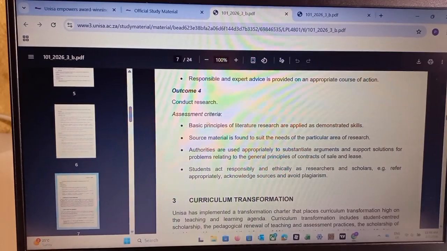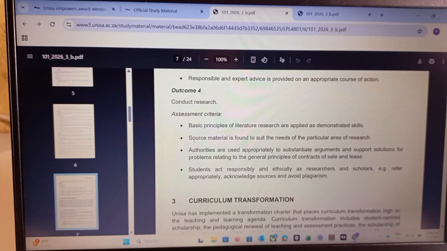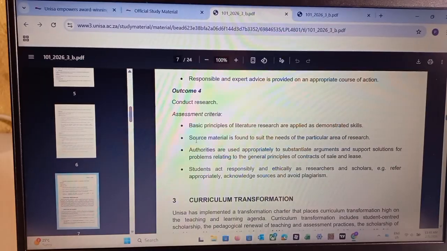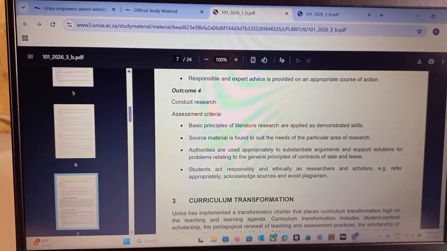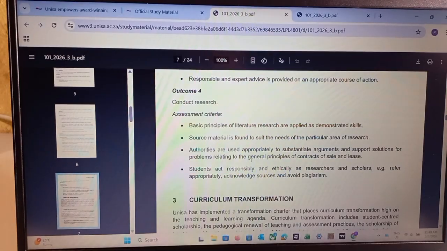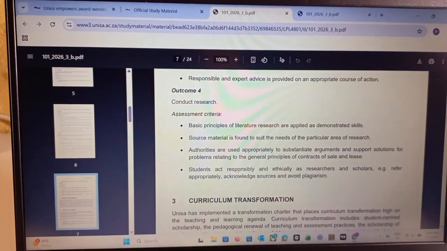Assessment criteria. Basic principles of literature research are applied as demonstrated skills. Next point, source material is found to suit the needs of the particular area of research. Authorities are used appropriately to substantiate arguments and support solutions for problems relating to the general principles of contracts of sale and lease.